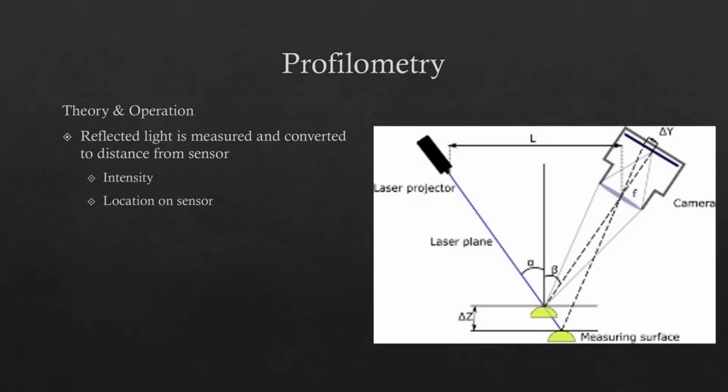And so based on the difference in where those two points hit, the delta y that they show there, the camera and the processing algorithms in the equipment are able to determine the difference in height between these two points, the two tops of these bumps, because that light reflecting is going to hit a different part of our camera sensor.